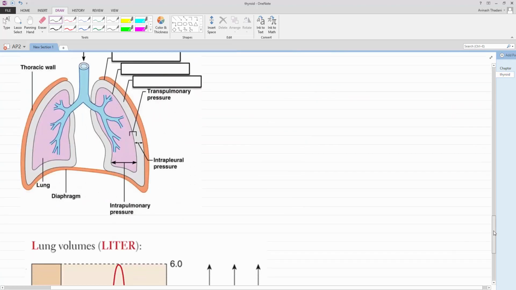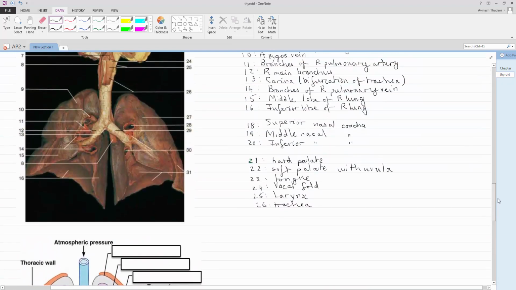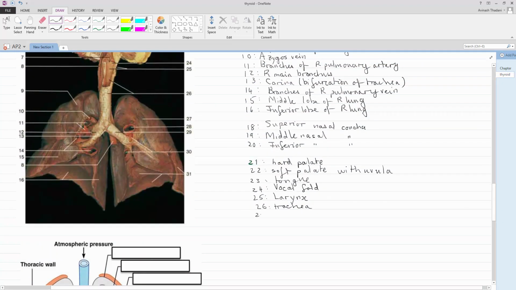And then 27, we go to the different parts of the left lung now. Oops, too far down. 27 is the upper lobe or superior lobe. You can see I switch back and forth, but this being anatomy, we should probably stick with superior and inferior: superior lobe of the left lung. 28 is the left pulmonary artery.